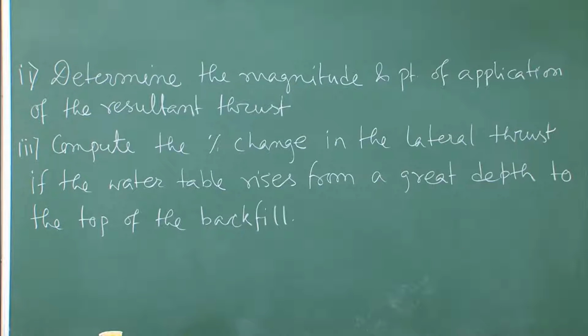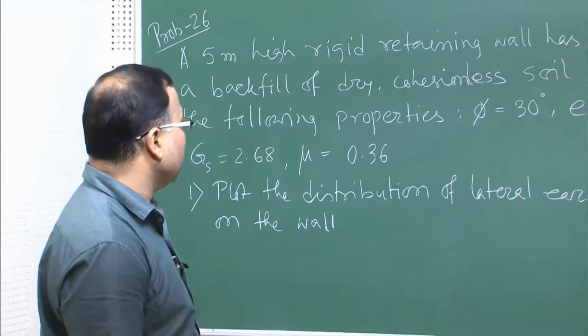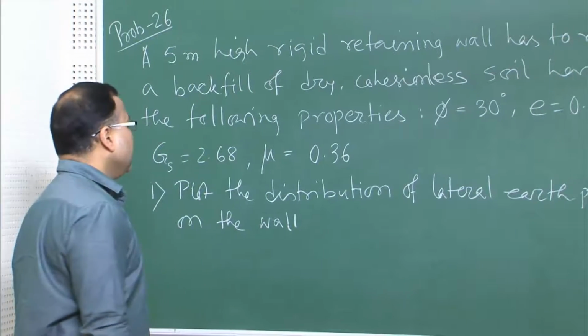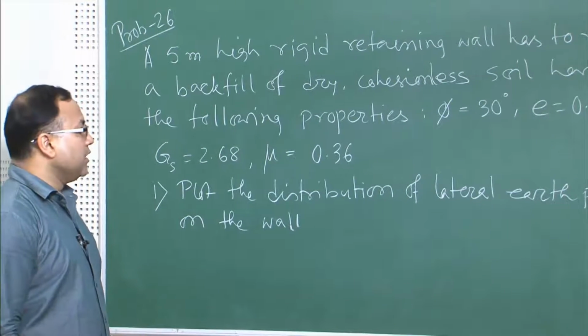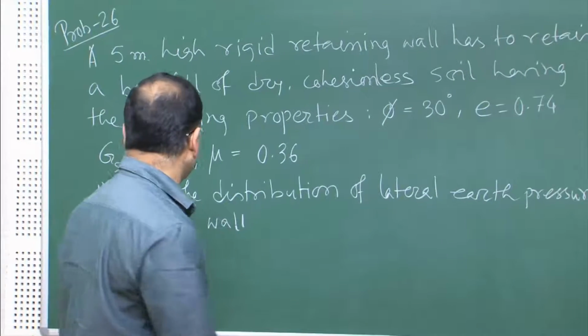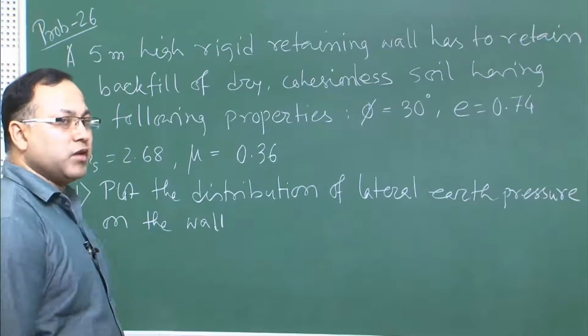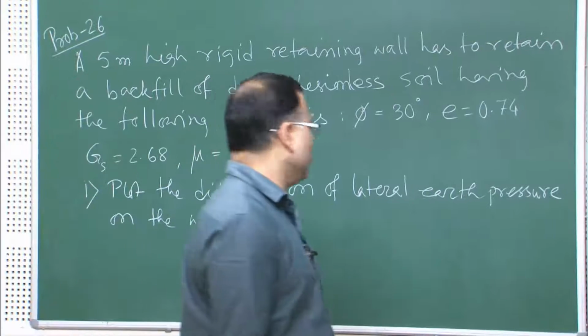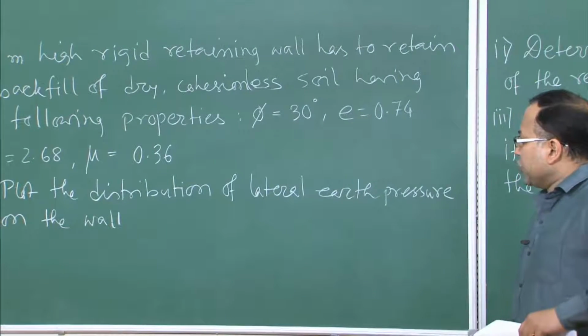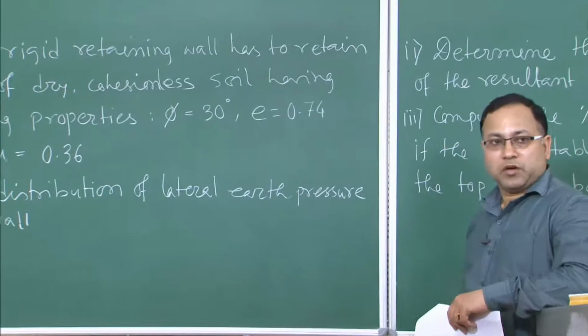So, problem says that a 5-meter high rigid retaining wall has to retain a backfill of dry cohesionless soil having the following properties: phi is equal to 30 degree, e, that is the void ratio, equal to 0.74, specific gravity G s equal to 2.68 and the Poisson's ratio mu equal to 0.36. Plot the distribution of lateral earth pressure on the wall.